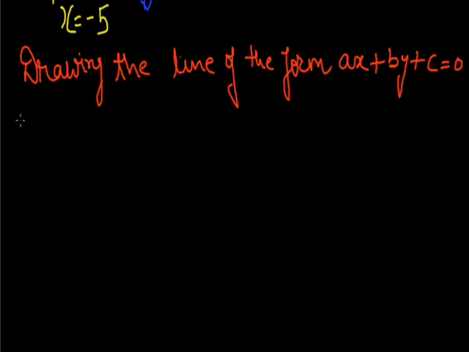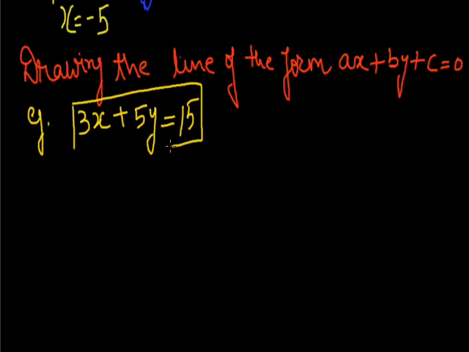To draw a line we need a minimum of 2 points, because 2 points after joining give a line. So if we have to draw the line, for example 3x plus 5y equals 15, then we need a minimum of 2 points which lie on the line, that means which satisfy the equation of the line.